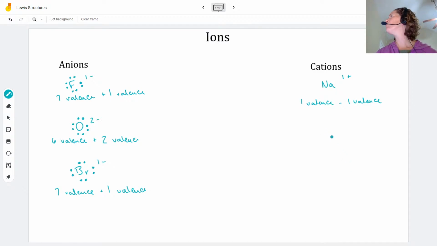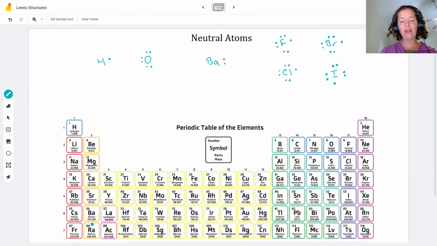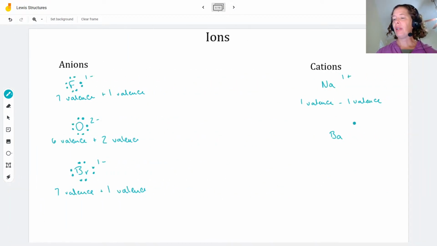So let's do barium. All right, so barium is right here. When it becomes a cation, it has a charge of +2 or 2+. Again, it starts with 2 valence, but then it loses those 2 valence.